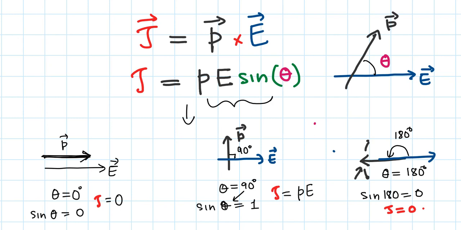So once the angle gets lesser than 180, the torque becomes non-zero and it will twist it back to a state of equilibrium. That means it's like trying to balance.